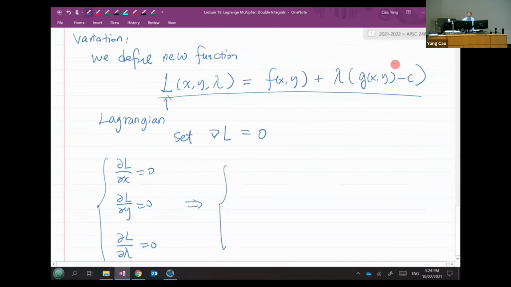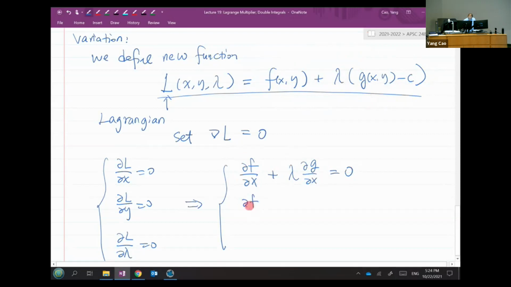Here's your function L. If I take a partial derivative with respect to X, based on what we have on the right side, you have partial F over partial X, plus lambda, which is constant, times the partial derivative of g with respect to X, equal to 0.